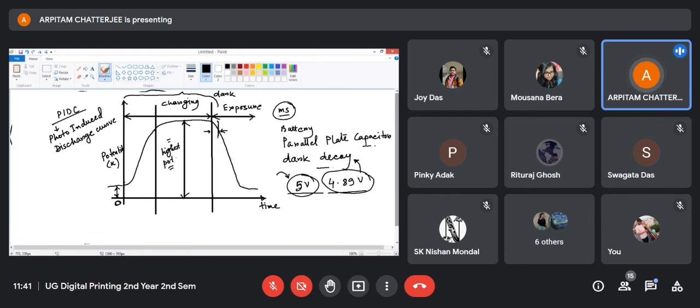As you can understand, the potential starts dropping because the charges are getting discharged. Ideally it should come to zero, but that never happens. This potential is what I already called the residual potential.